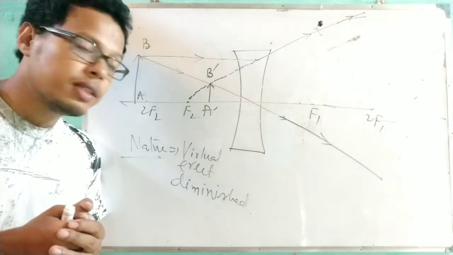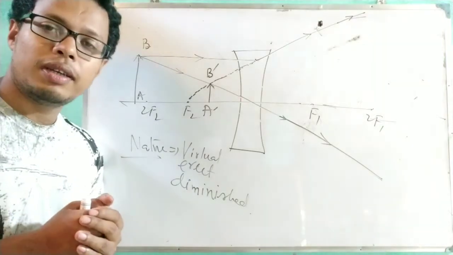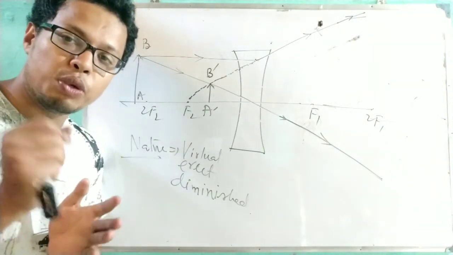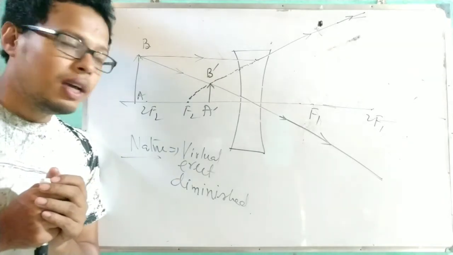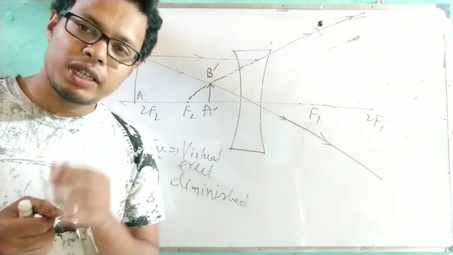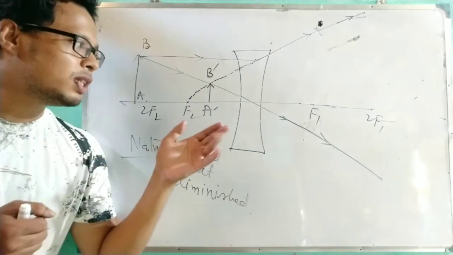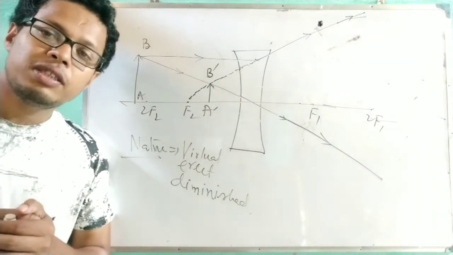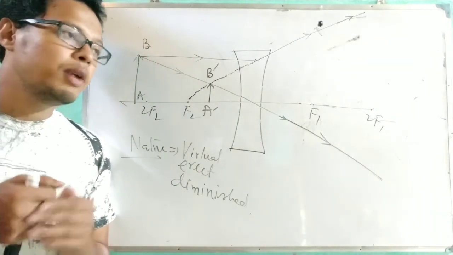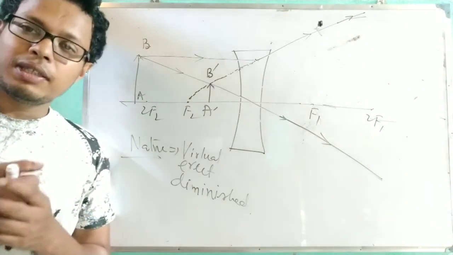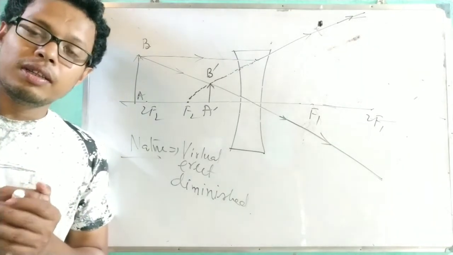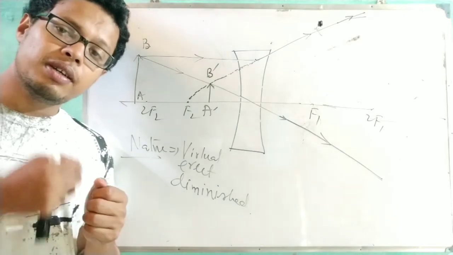In this manner, the concave lens is used in spectacles to rectify myopia. And what is myopia? I will make a separate video on what is myopia and hypermetropia. Look, just briefly I am telling. Myopia means a problem in our eye, when a person cannot see a distant object but can see a nearby object.